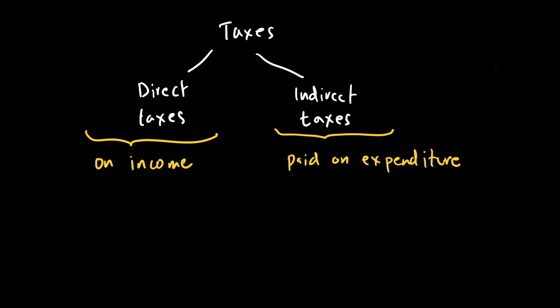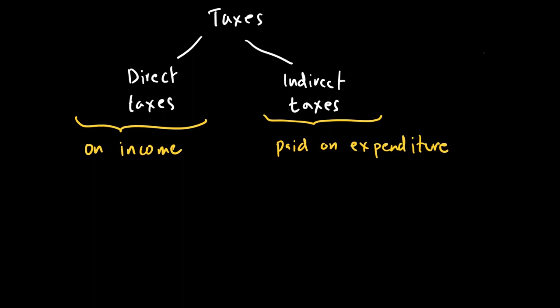That can of Coke would have some sales tax. That is when I pay that tax. If I don't buy the good, I don't pay that tax. So indirect taxes are those taxes which are on expenditure, while direct taxes are paid on income.